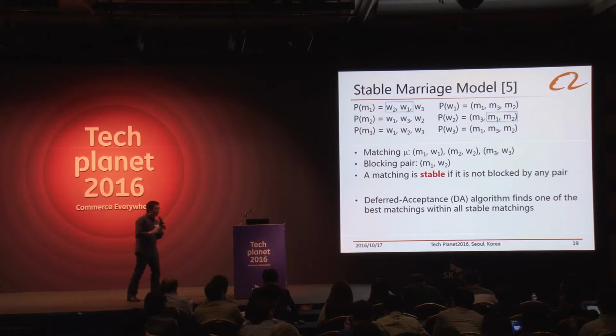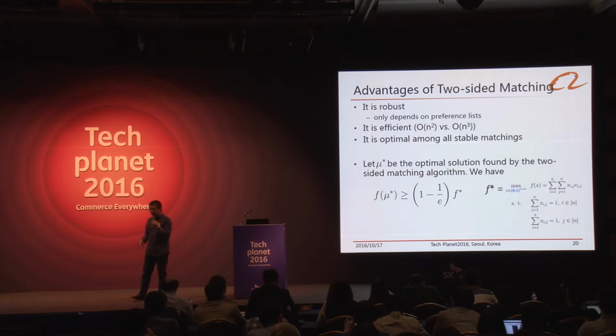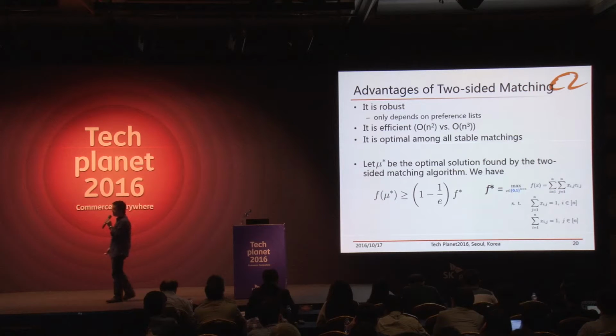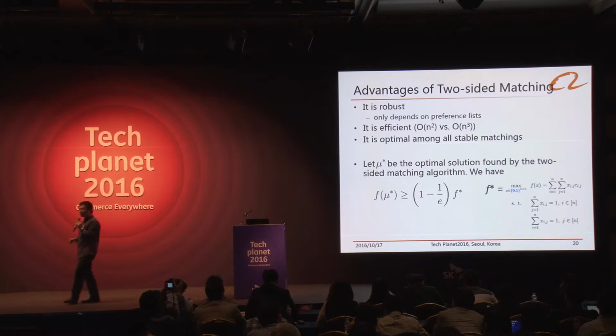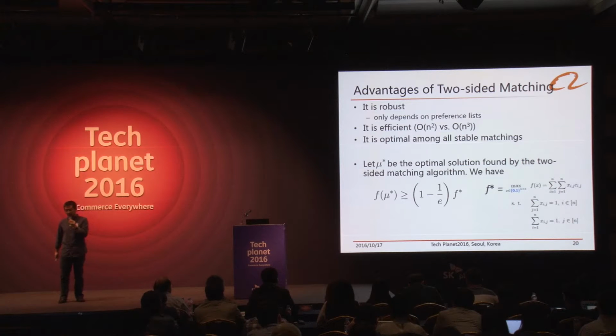That allows this algorithm to be much more robust to any errors that happen in those estimations. Besides this robustness advantage, it is also more efficient compared with a standard linear programming problem. It also has a very strong optimality guarantee. I'm not going to elaborate on them in more detail.